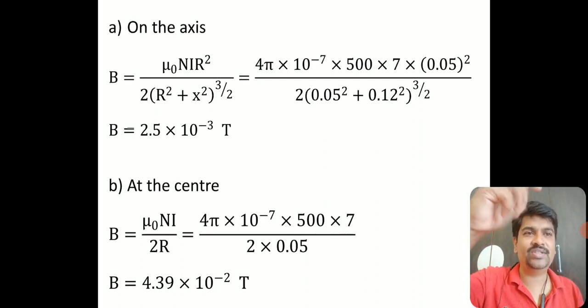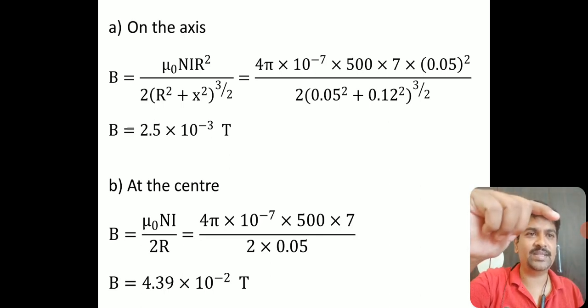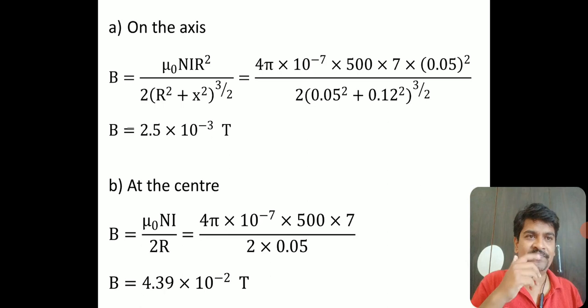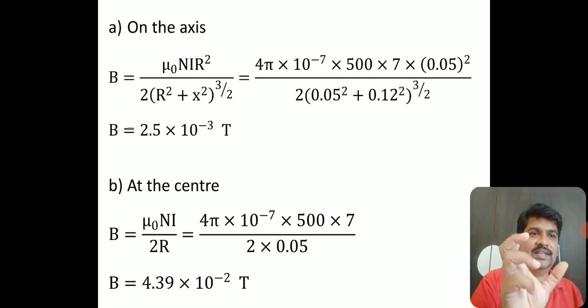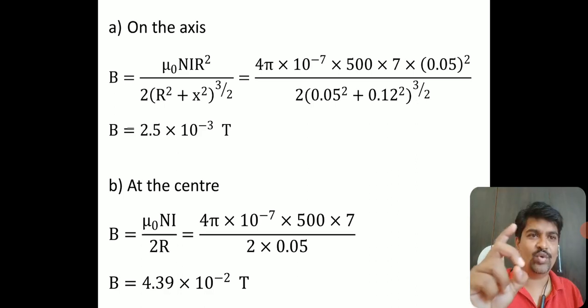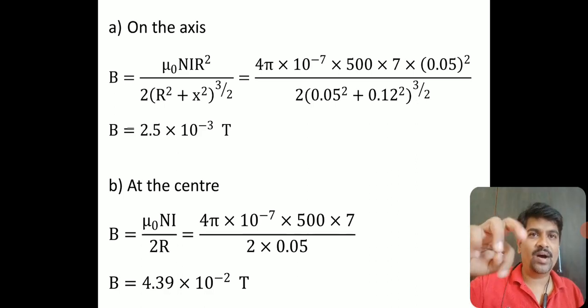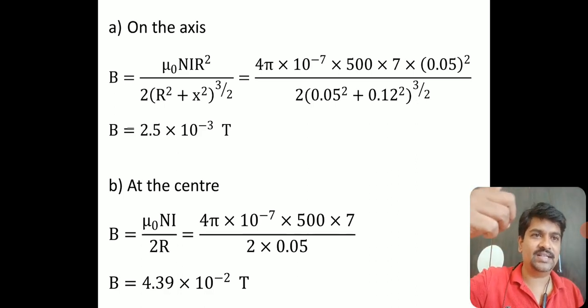The first equation, which is a very big equation, is mu naught Ni r square by 2 into r square plus x square, all to the power of 3 by 2. From that equation you substitute x as 0. In the denominator you are left with r square whole to the power of 3 by 2, which is r cube. R cube and r square get cancelled, and you are left with 2r in the denominator.